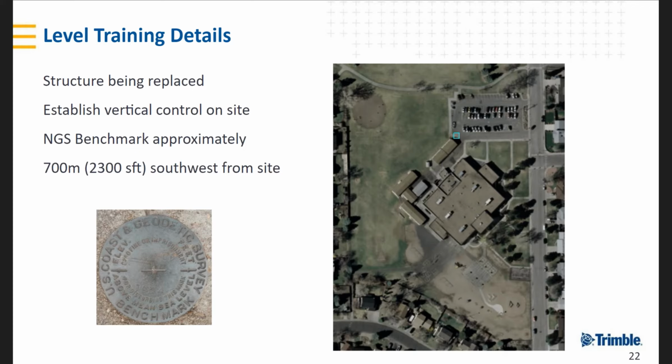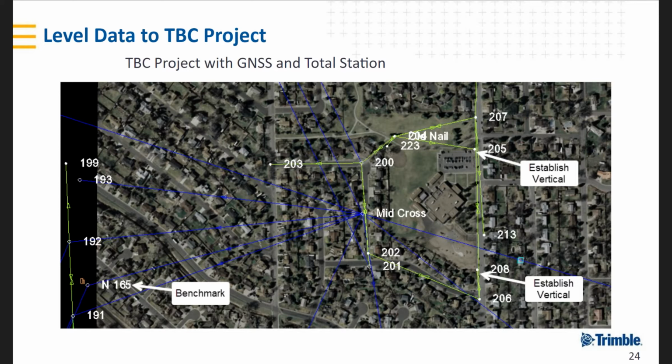And then also we have additional survey work. We have some total station and some GNSS information in the project. So we'll combine that information as well, showing the level data and incorporating it with total station and GNSS measurements.